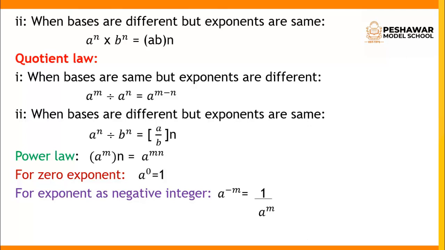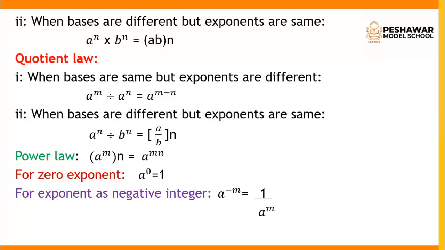Now come to the second law, that is known as quotient law. Quotient law also resembles product law, but they are different in their operations. In product law we have to do multiplication, but in quotient law we have to do division.